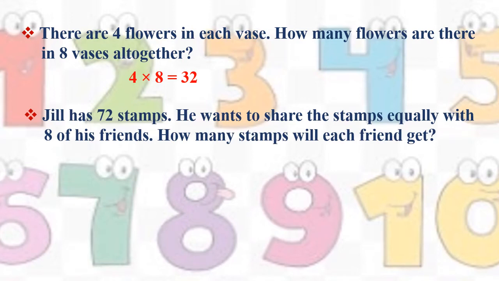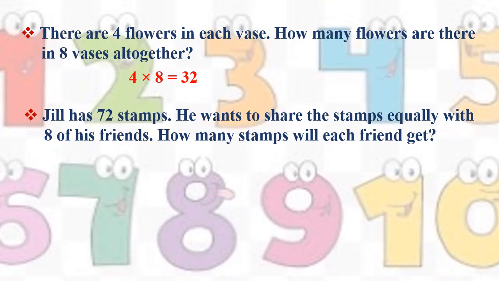Now the next one. Here, listen children. Jill has 72 stamps. He wants to share the stamps equally with 8 of his friends. How many stamps will each friend get?